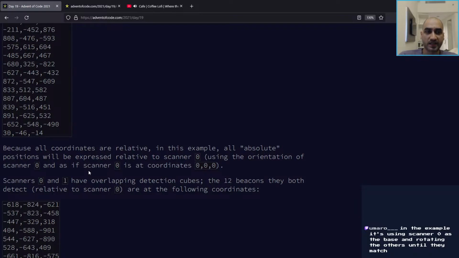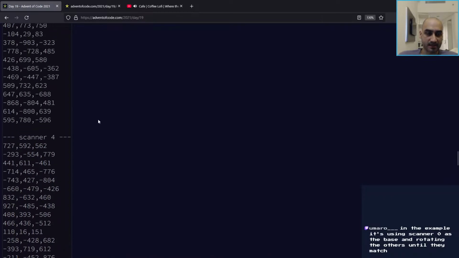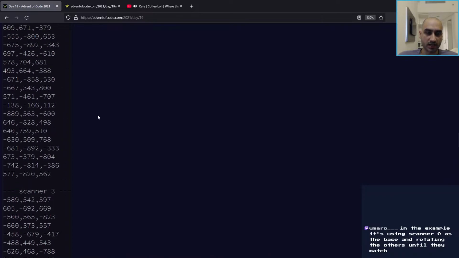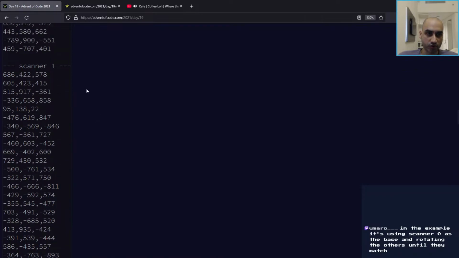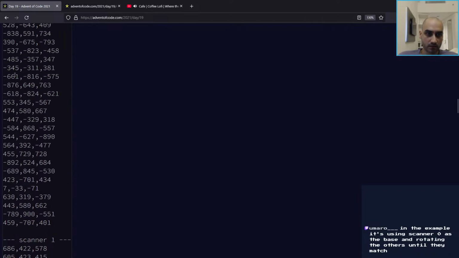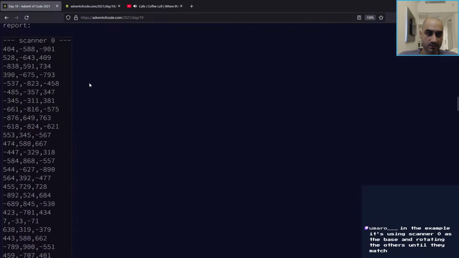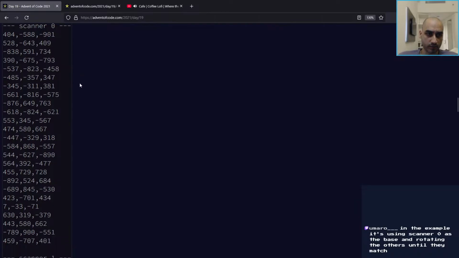Okay, I mean, if we know that there definitely has to be one other scanner that has 12 in common with 0, then yeah, I guess that's true. If we know that for a fact, and that seems to be established, then yeah, we probably can.